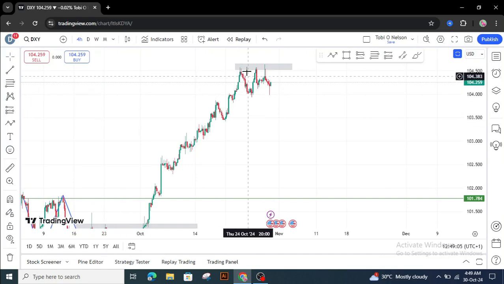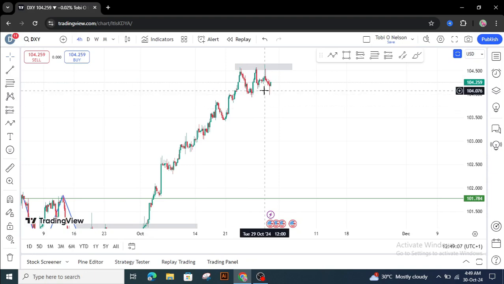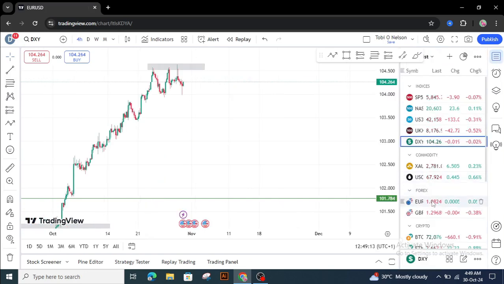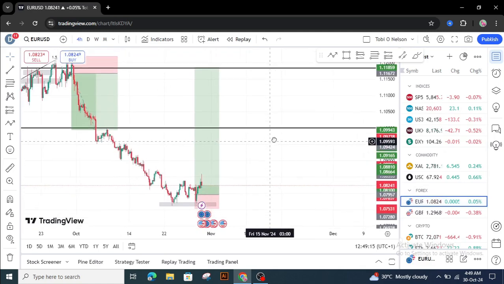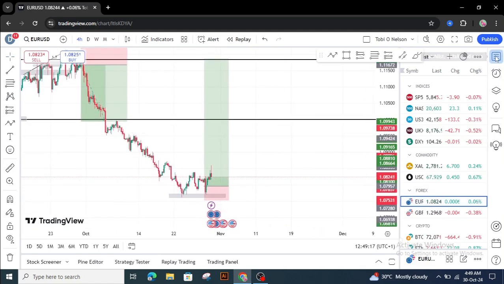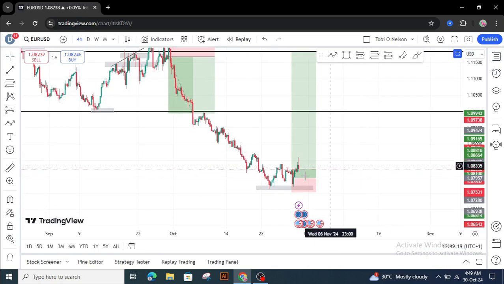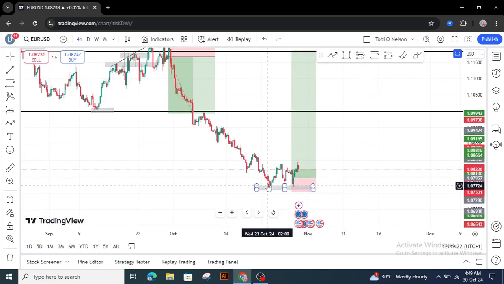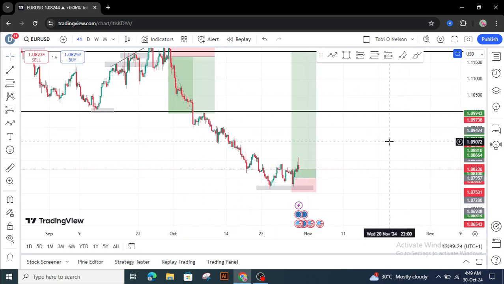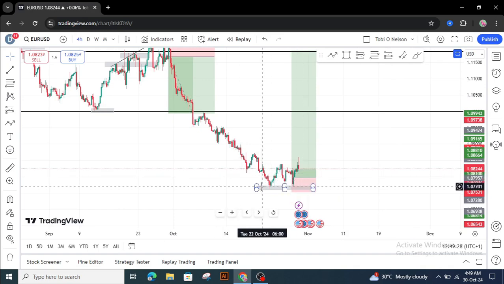basically, now that we see that the US dollar is likely to drop, to go down, what you want to do is come to EURUSD, for example. When the dollar index made a double top, it hasn't formed a triple top, when it formed that reversal pattern, EURUSD formed what we refer to as a double bottom.